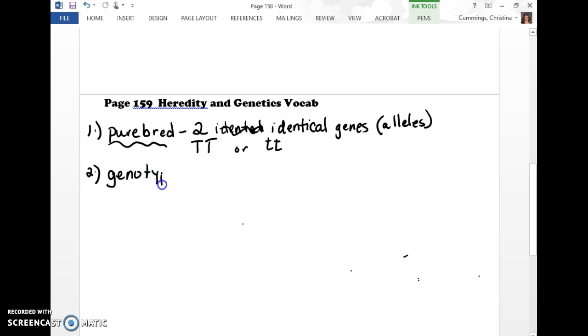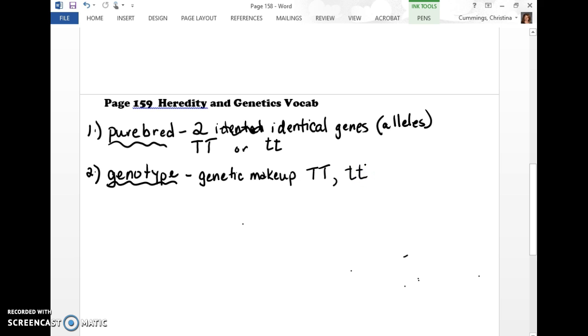Okay, and when you talk about a genotype for a particular trait, it's just the genetic makeup. What genes? So the genotype for a tall plant was capital T. Our genotype for our short plant was little t.